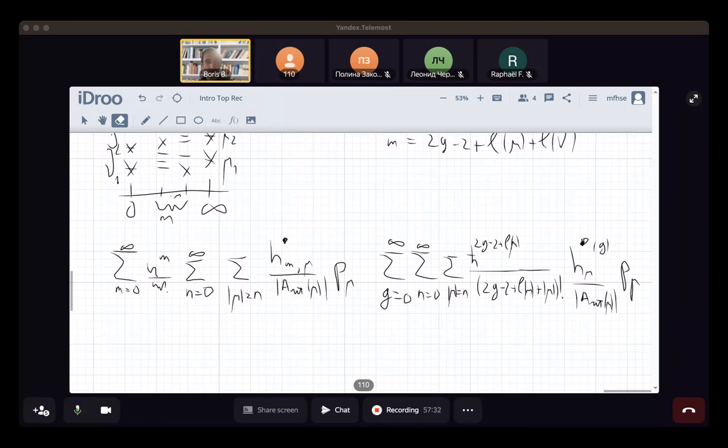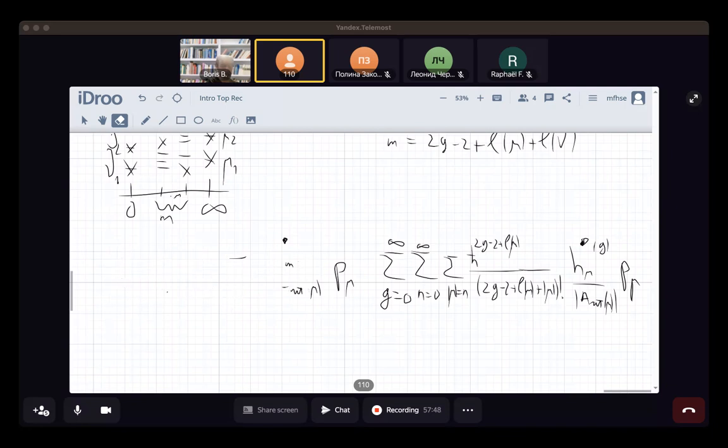It's correct. Just a moment. Yeah, it's different. Yeah, you're right. It's a different generating function.